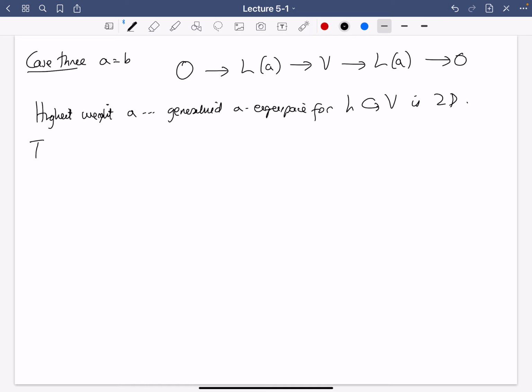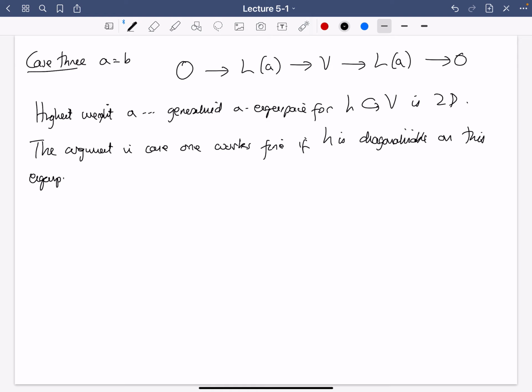And the argument that I gave above, in case 1, works fine if H is diagonalizable on this eigenspace. And you do just exactly what I did.